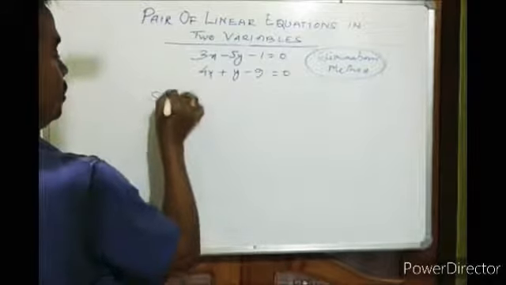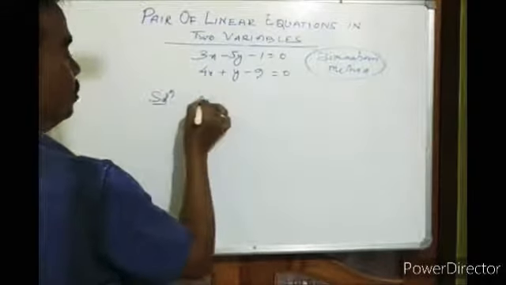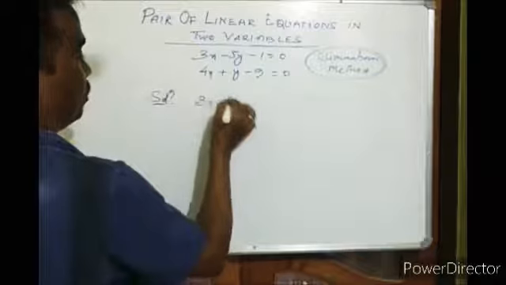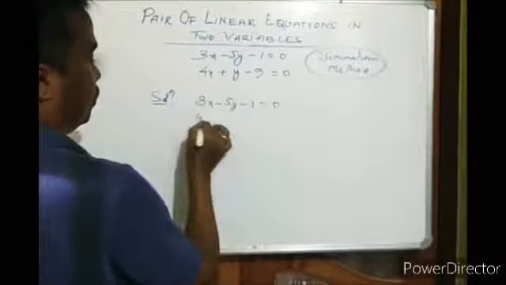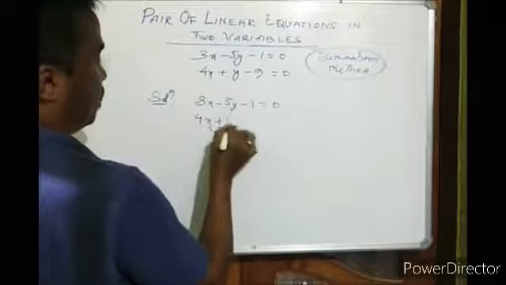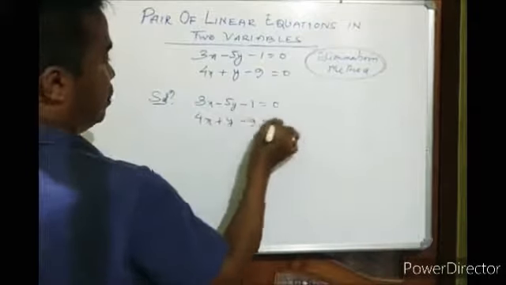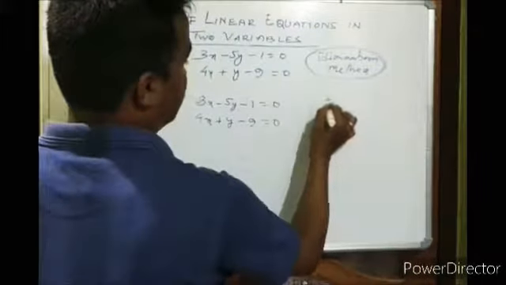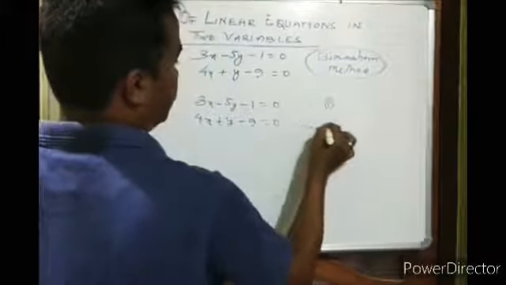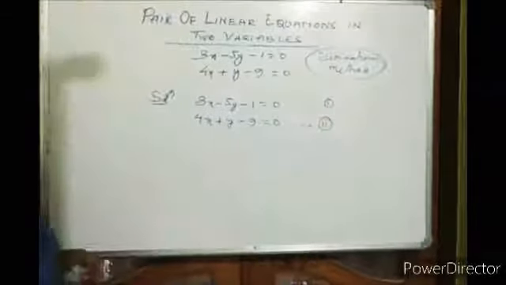Solution: First I'll write the equation 3x minus 5y minus 1 equal to 0, and 4x plus y minus 9 equal to 0. I put this as equation number 1 and this as equation number 2.